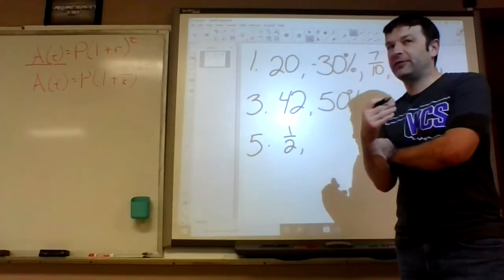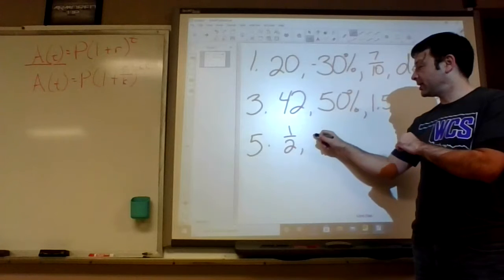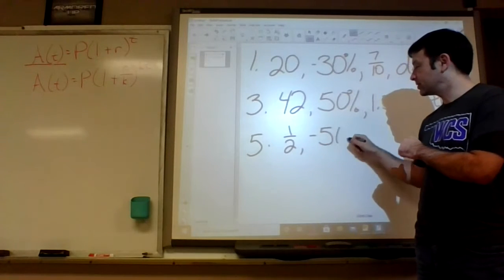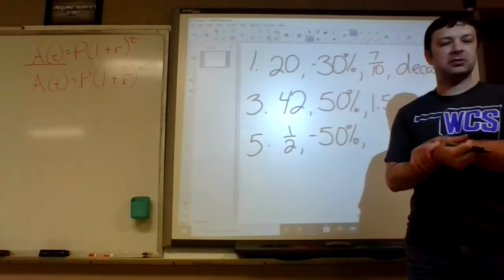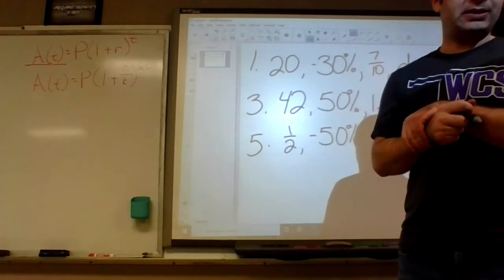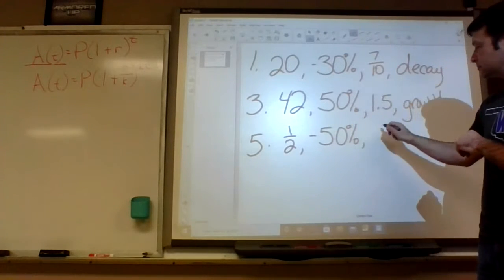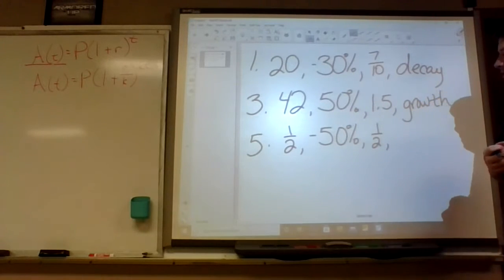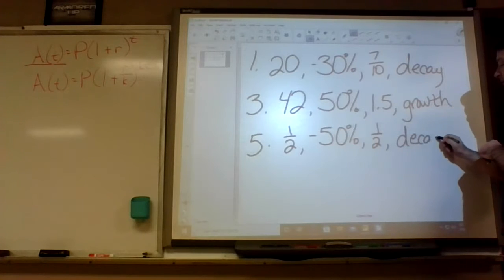Because it's dropping down from 1 to 1/2, so it's going down 50%. 1 minus 1/2 is 0.5, so anyways, negative 50%. Yeah, that's not a good number to see on a spreadsheet. And what's the growth factor? 1/2. And is that growing or decaying? Decaying, because 1/2 is less than 1.